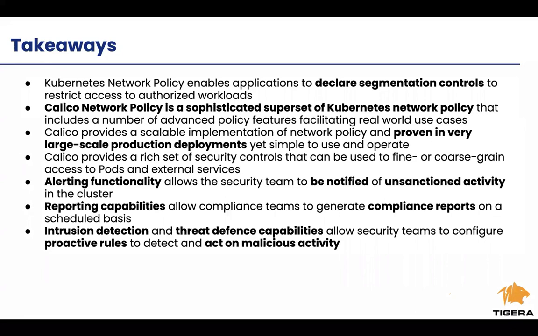With Calico network policies that provide additional capabilities, you can solve real-world use cases using additional features that Calico policies provide. Calico has been proven in very large-scale production deployments. It is easy to implement and maintain.